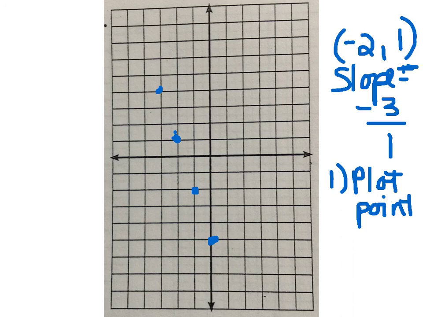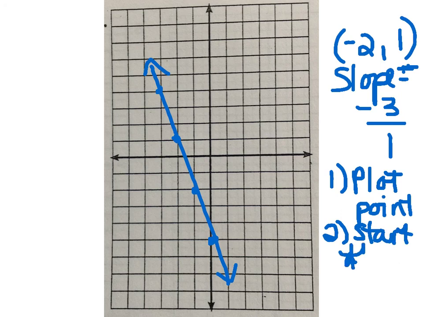Either way, I have all of my points in a line, and I will try to draw my line with the help of a ruler. So this is how you would draw the line. The important thing is you start at that point.